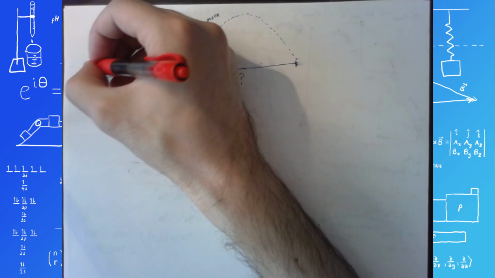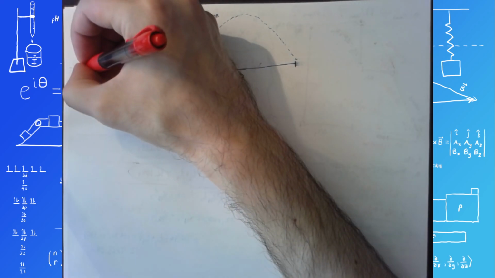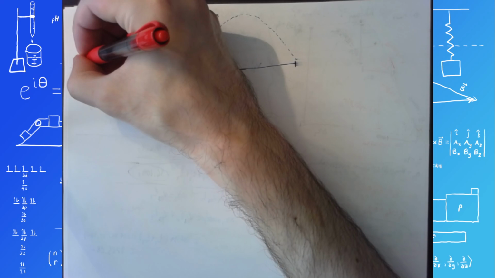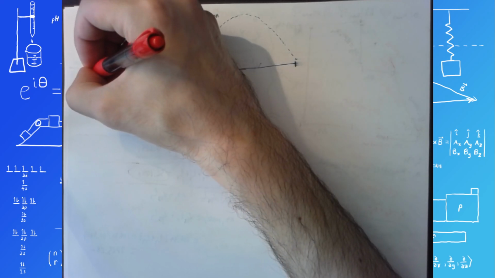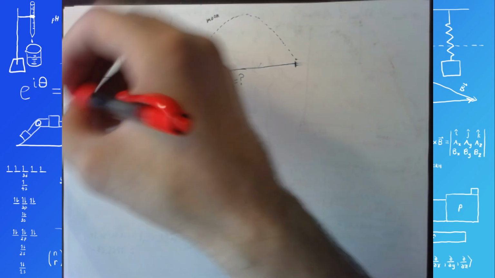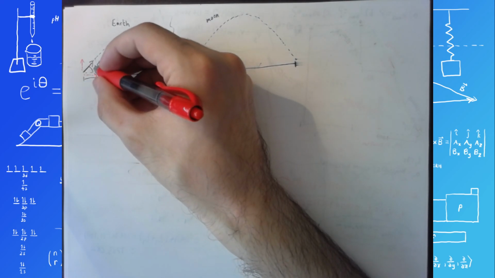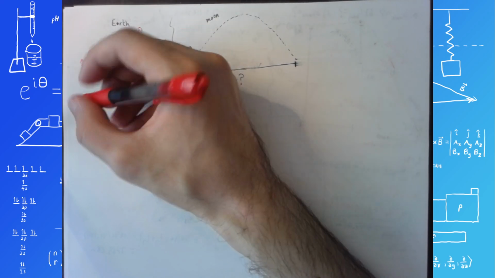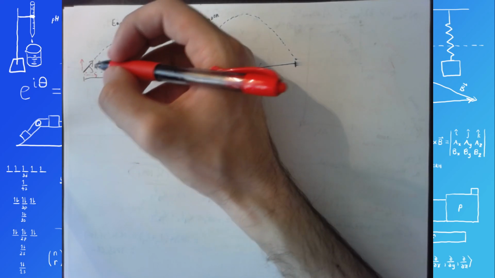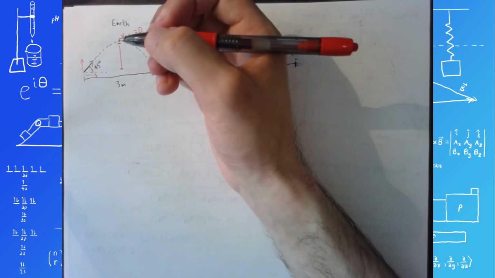So I can say whatever my initial velocity is, it's going to have some y component and some x component, and at a 45-degree angle, the y and x component are actually going to be the same, only for 45 degrees.